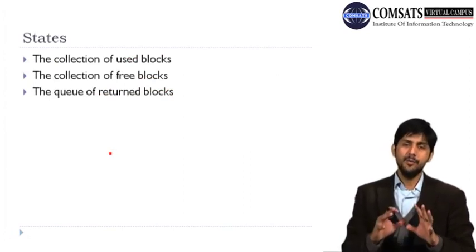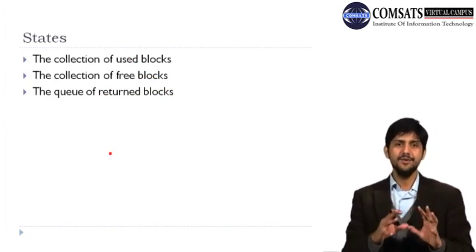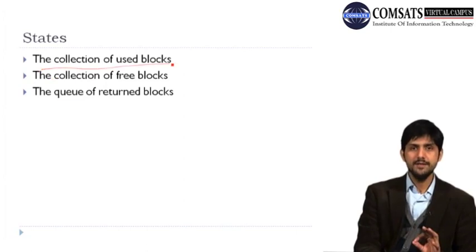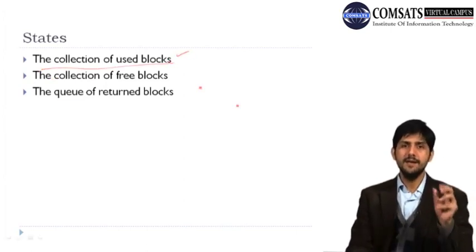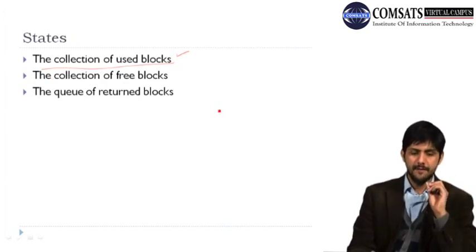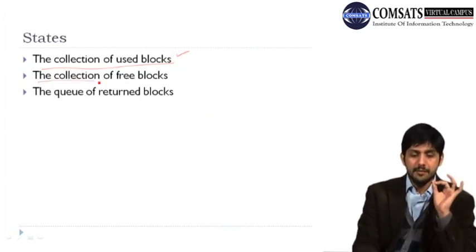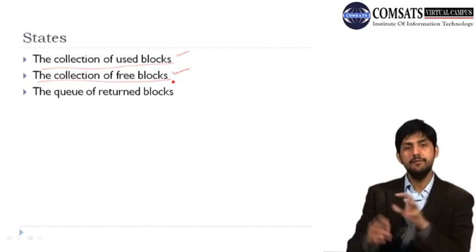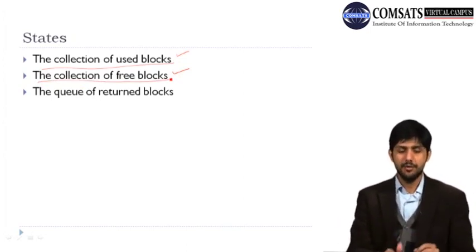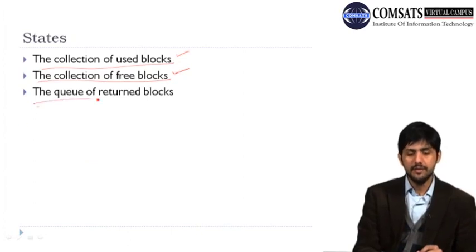So what is the data that we need to store in this particular problem? We identified that there is a collection of used blocks. One thing we need to maintain in our system is the blocks which are currently in use, then the collection of free blocks, the blocks which are freed but not yet entered into the unused blocks, and finally a queue of returned blocks.